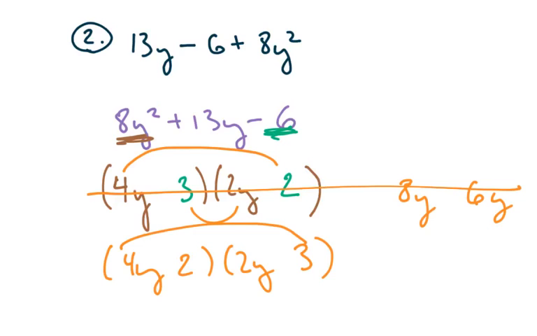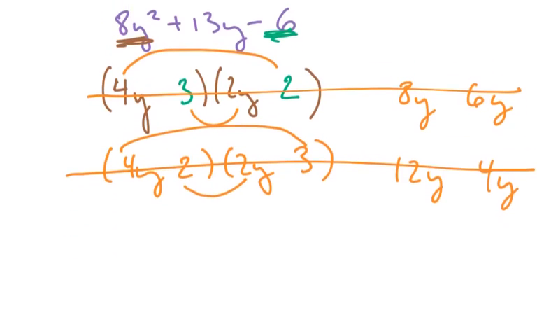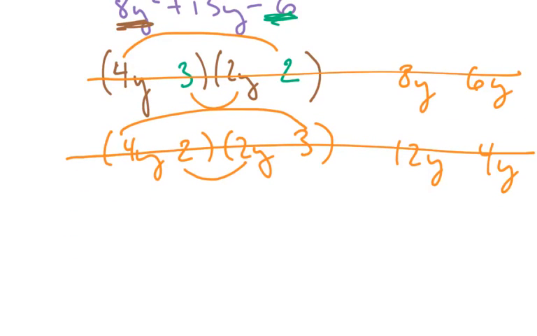This one is going to give me 12 and 4. So with 12y and 4y, can I get to 13? Clearly not. Draw a line through, and we're going to keep playing. So 3 times 2 is 6, right?